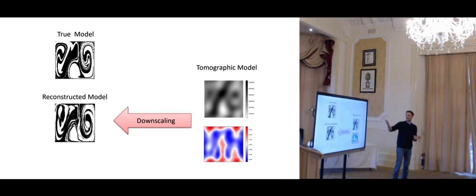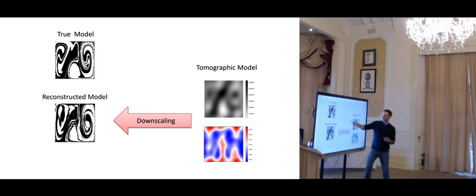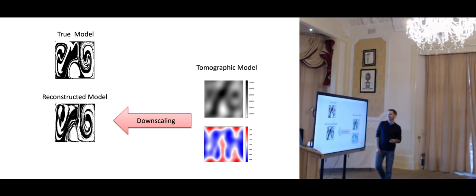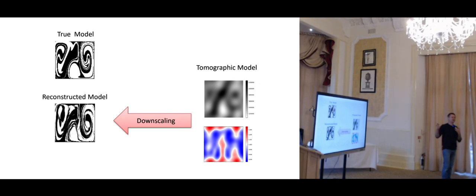And so for reference, here was the true model. For example, I think Theo likes to call this structure the trumpet. And you see that we actually recover the trumpet, and we do recover some structures at small scales from a model that was large scale.